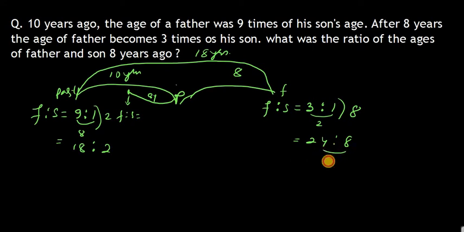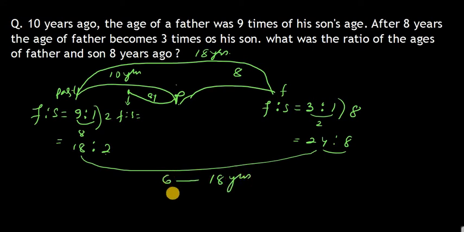Then the gap is 16 and 6 in terms of units. In terms of years, the gap from past to future is 18 years. So if 6 units is equivalent to 18 years, 1 unit: 6 threes are 18, 1 unit is 3 years.